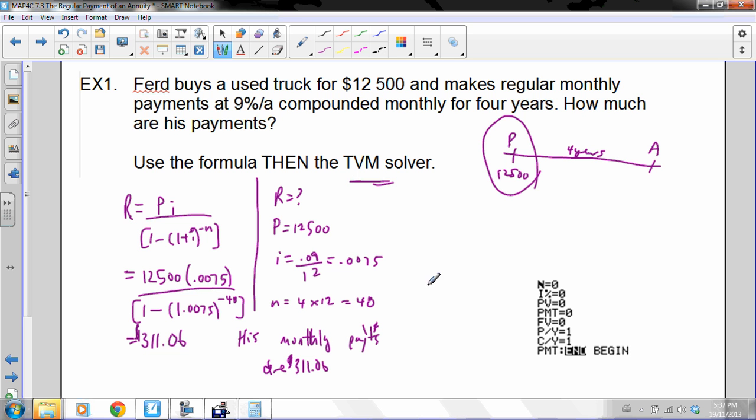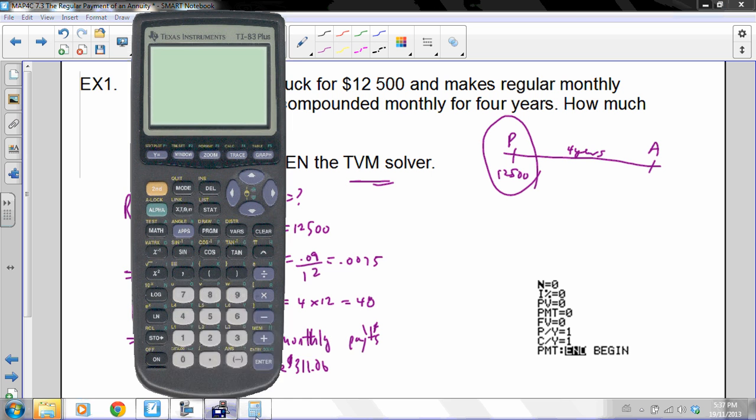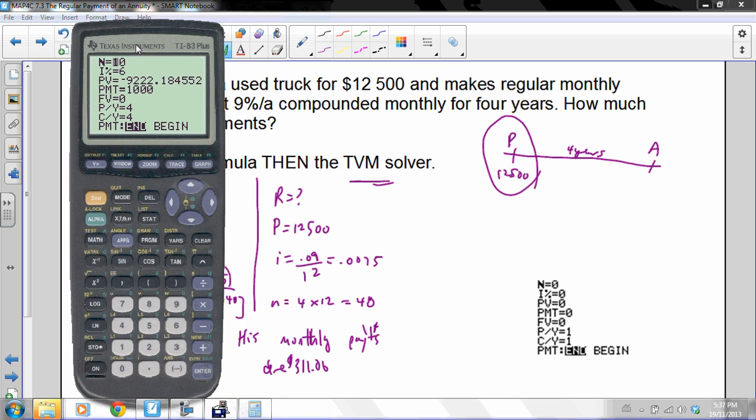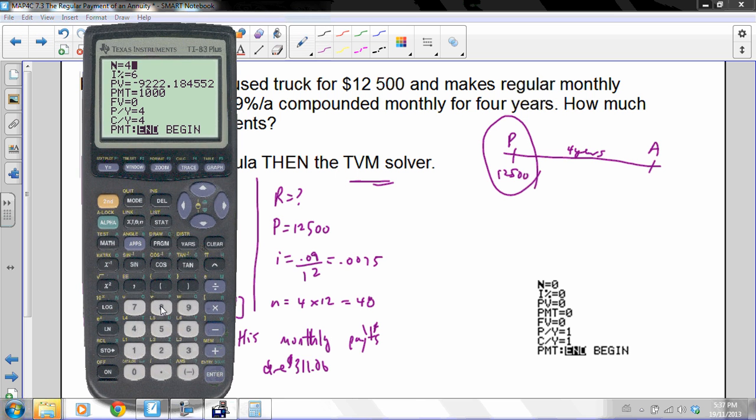They've also asked us to use a TVM solver. So for the TVM solver, you fire up the graphing calculators here. Remember, if it doesn't go right to your TVM solver like mine did, it's under apps, then finance, TVM solver, and now we put the particulars in here. Well, N was 48.